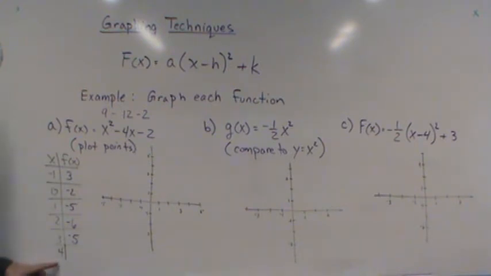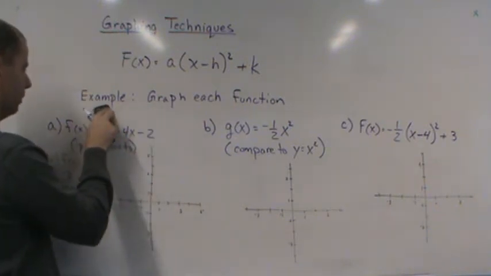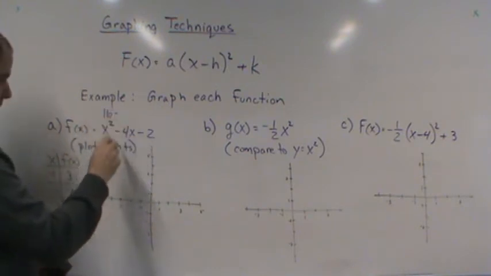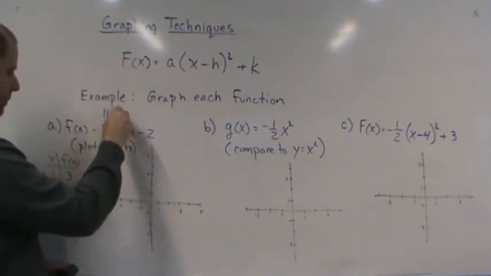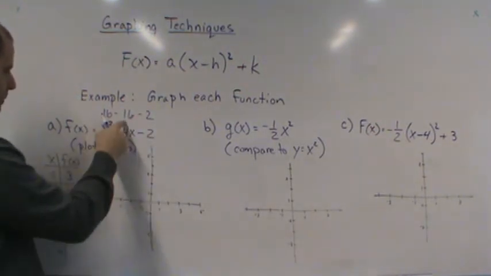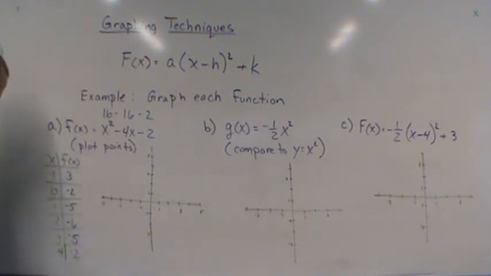And then let's do one last one, 4. 4 squared is 16, minus 4 times 4, which is 16, minus 2. The 16 minus 16 is 0, so that gives us a negative 2. Okay, so notice what's happening here.